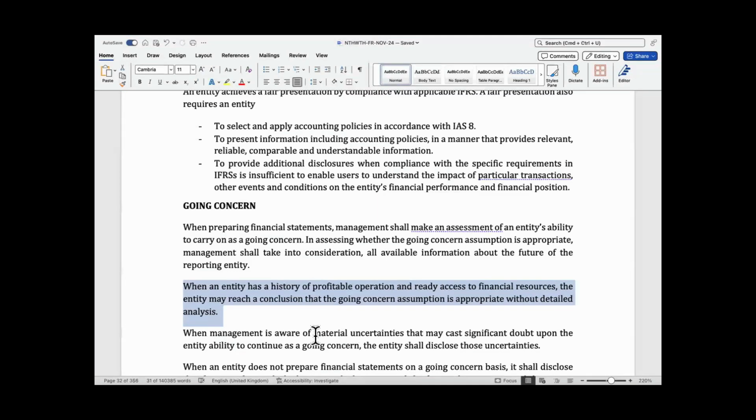where there are material uncertainties that may cast significant doubt upon an entity's ability to continue, then you need to tell us. You need to disclose it, right? If you're an entity, for example, that imports goods from neighboring countries. In 2019, under the Buhari government, there was a border closure.